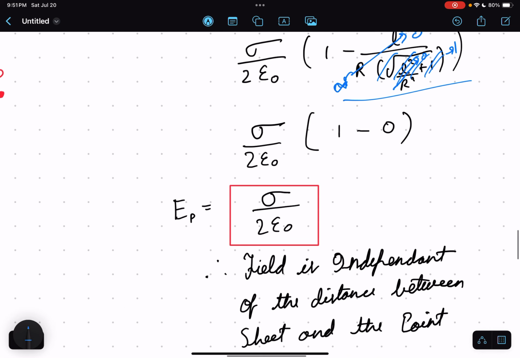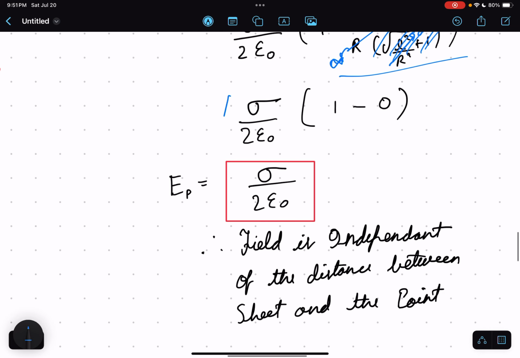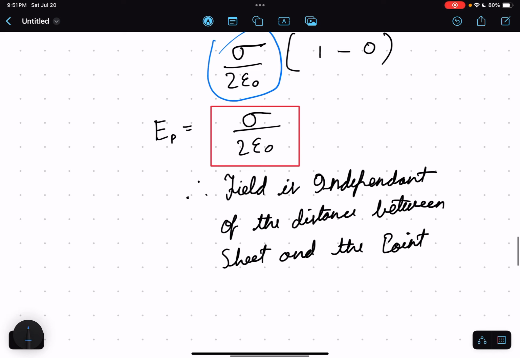Now if that tends to 0, we're only going to be left with this term over here, as 1 minus 0 is 1, and you multiply by 1 and you're going to get the same thing. So the net electric field is going to be sigma divided by epsilon naught, which is basically the charge density.